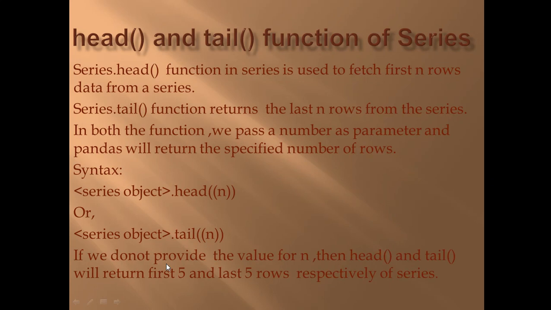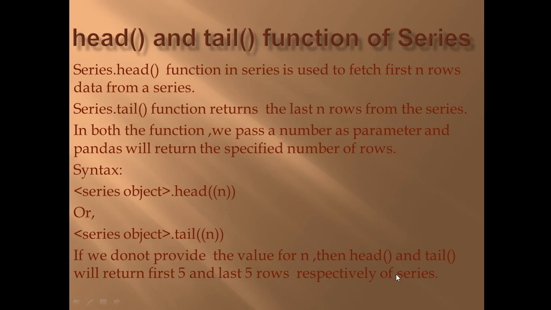One more thing regarding the head and tail functions is, if we do not provide the value for n, that means if we do not specify the argument, and simply write the series object dot head with no value inside the brackets, then head and tail will return the first 5 and last 5 rows respectively.